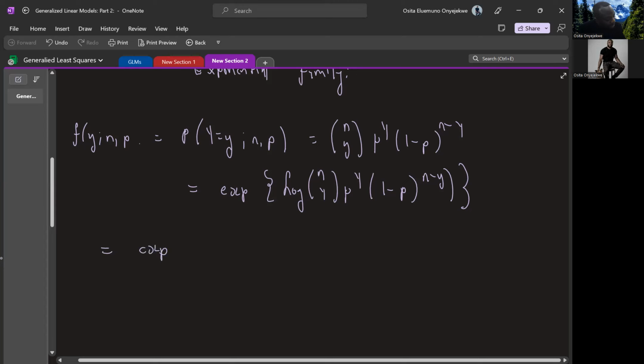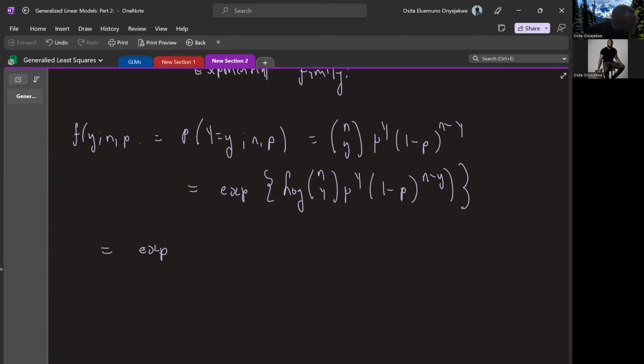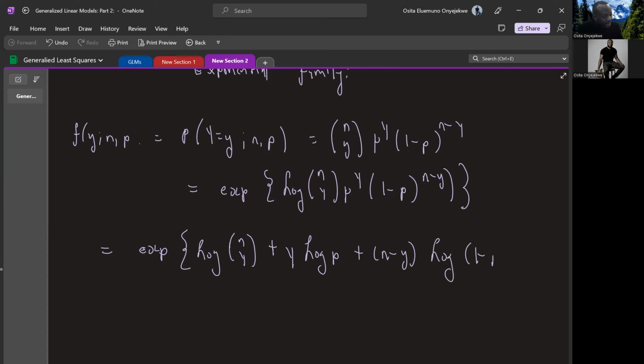This is going to equal the exponential of, now we're going to have the log of n choose y plus y log of p plus n minus y log of 1 minus p.